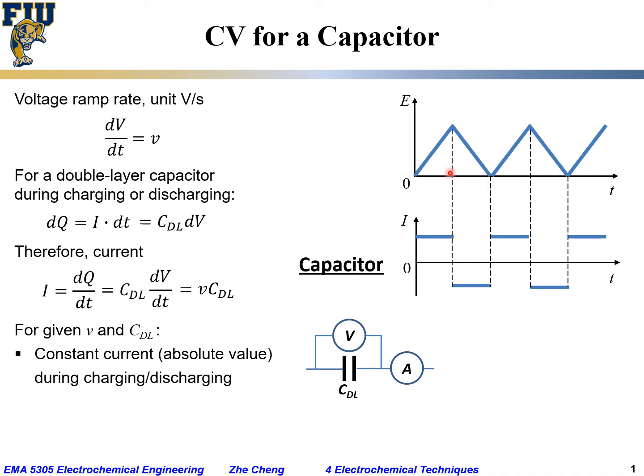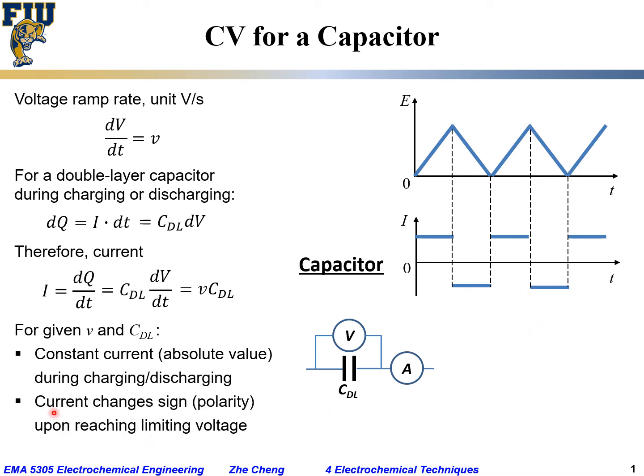So if we plot E versus t, potential versus time, this is our cyclic voltammetry. Then we measure current versus time. We would have constant positive current for charging, and then constant negative current for discharging the capacitor. And then similarly, for the next cycle, constant current for charging, negative constant current for discharging.